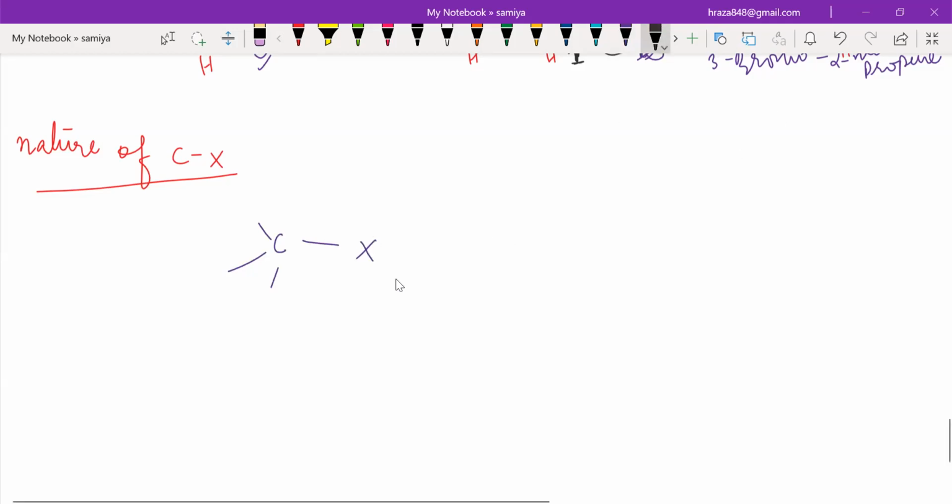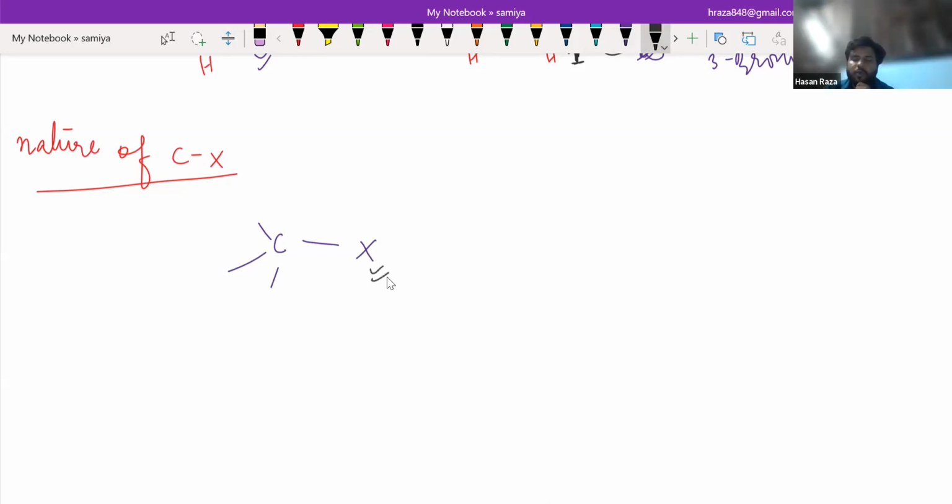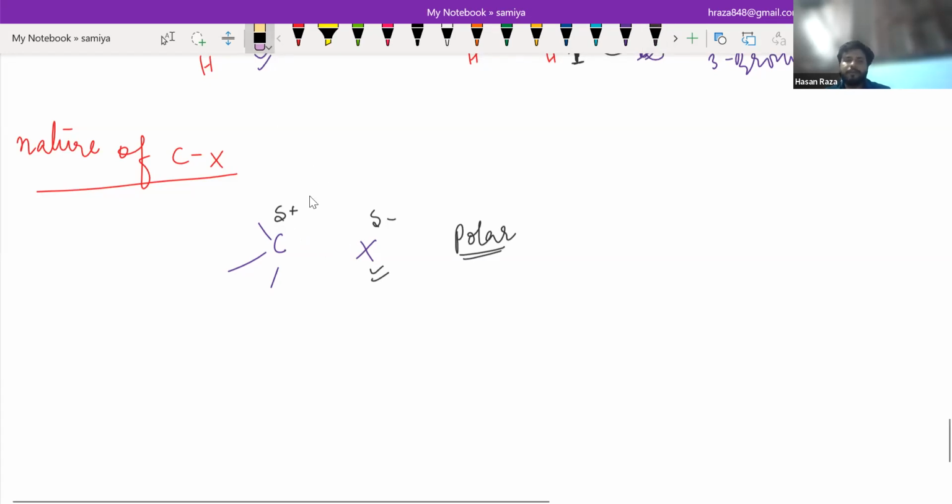So you can see C-X, and we also know that this X is more electronegative than carbon, so it will have delta negative charge and carbon will have delta positive charge. So that means it will be polar, that means a charged molecule. Halogen is highly electronegative compared to carbon, which is why halogen will attract the bonded electrons towards itself. So it will have delta negative and delta positive charge.